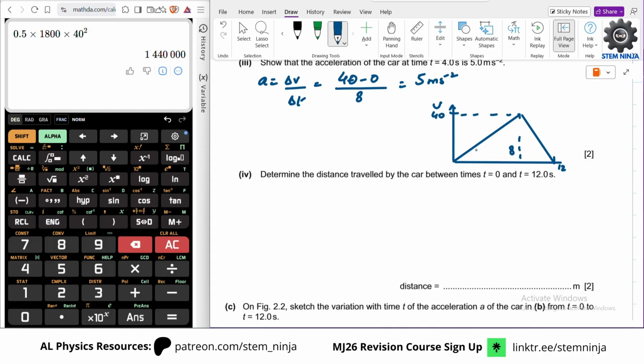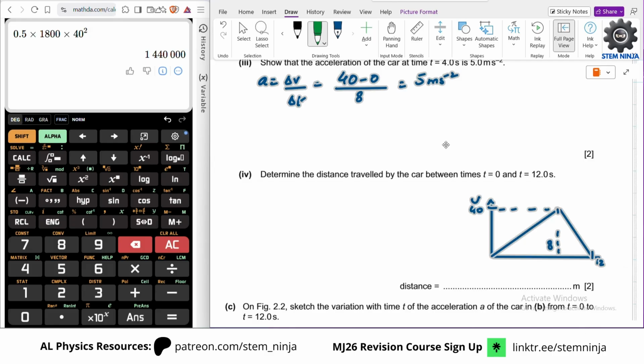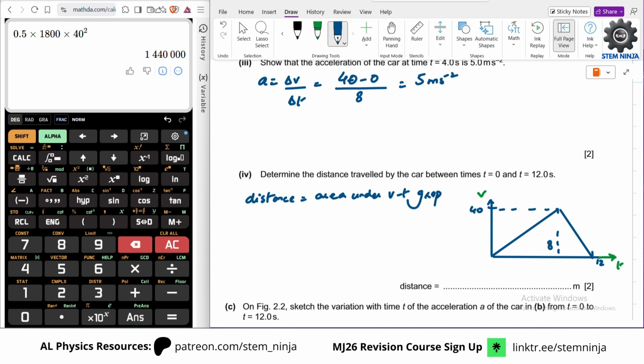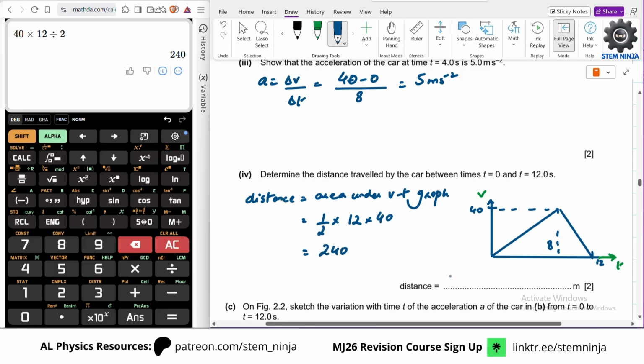So distance would be the area under the VT graph. You can use any other method also. So half times base is 12 times 40. So this would be 40 times 12 divided by 2, 240 meters.